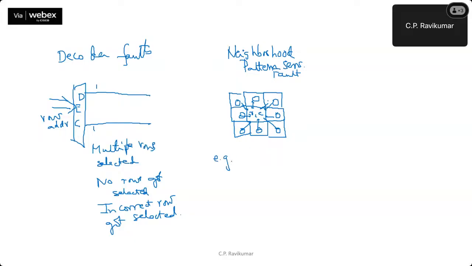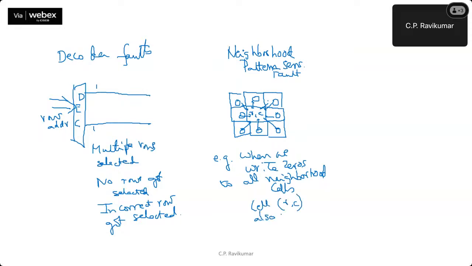The example is when we write zeros to all neighborhood cells, cell in row R, column C also becomes zero. So that could be one kind of a pattern sensitive fault.